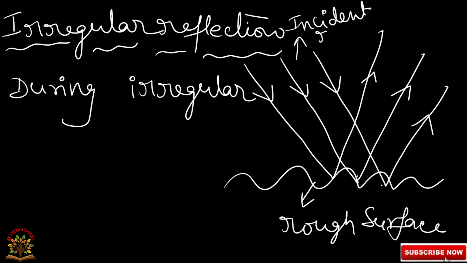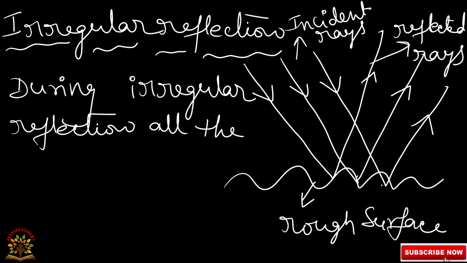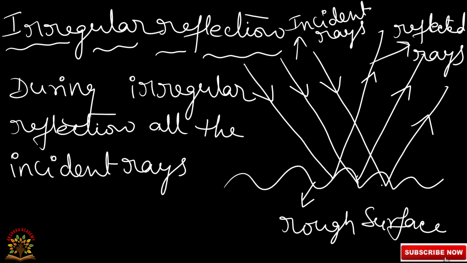Incident rays, these are the reflected rays. During irregular reflection, all the incident rays are not parallel after reflection. This is about the irregular reflection. In regular reflection, what we discussed, they are parallel.